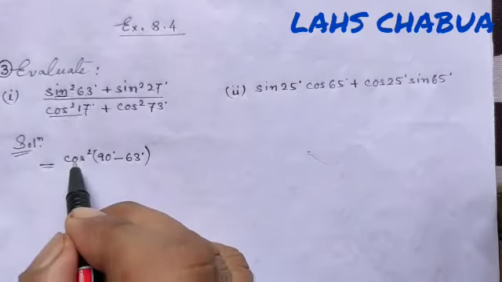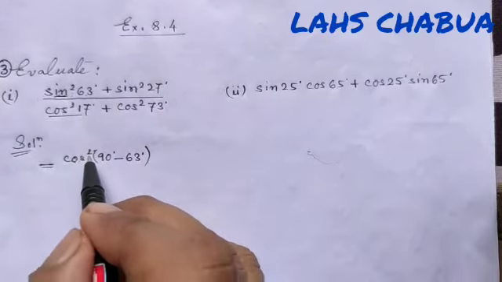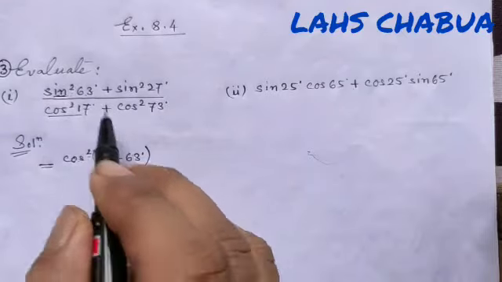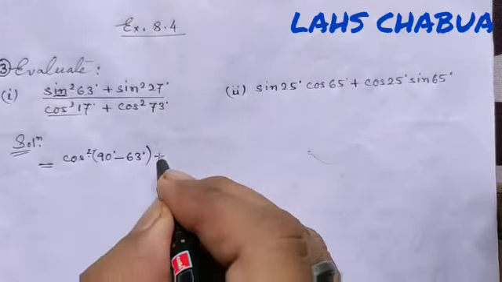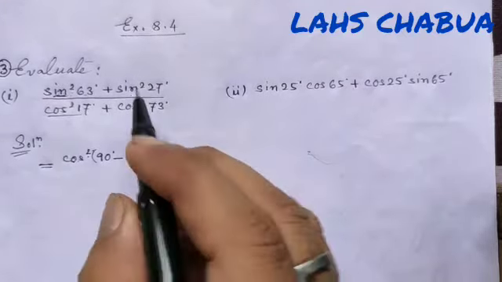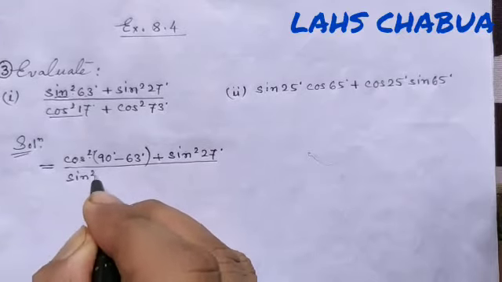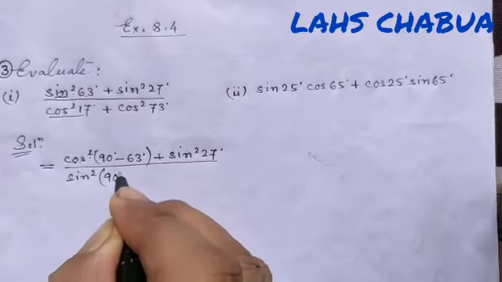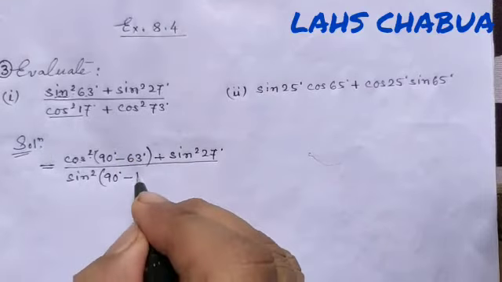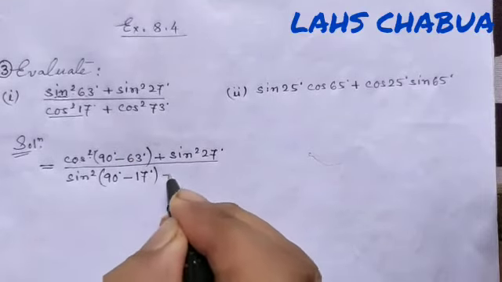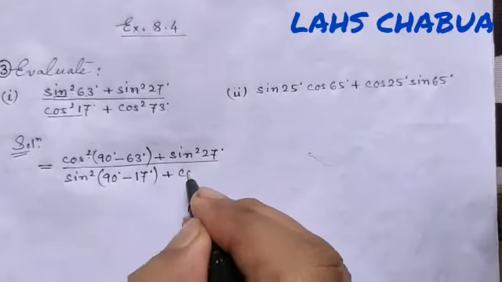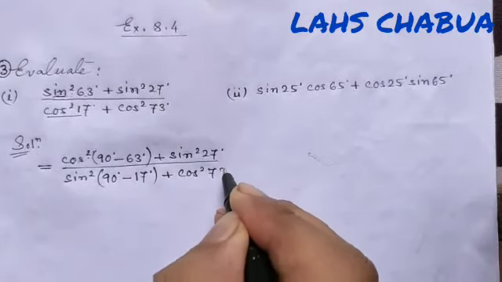See here, in place of sine I have written cos, the square is there, so I have written the same, 90 degree minus this angle, plus write this ratio as it is, sine square 27, upon this. Cos will change into sine, the square sign is there, 90 degree minus how much? 17, plus write as it is, cos square 73 degree.